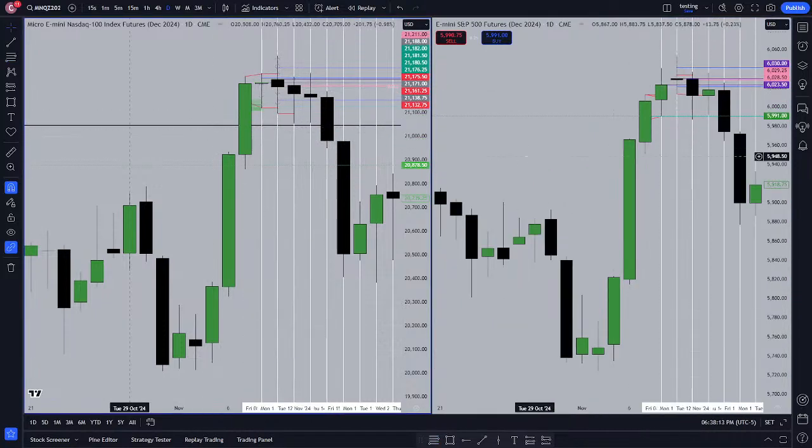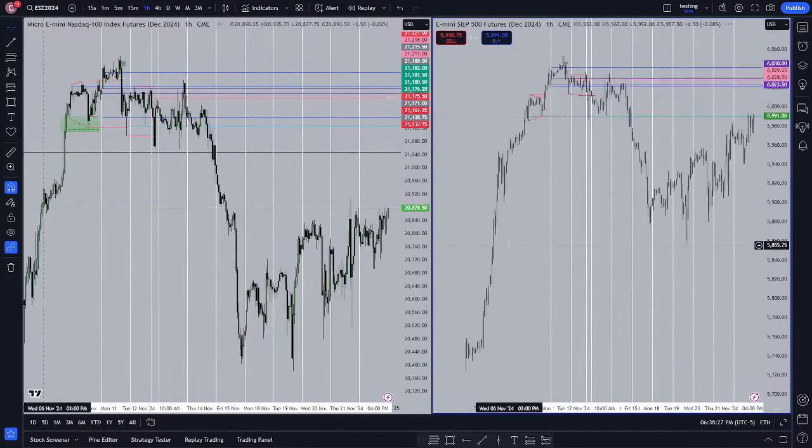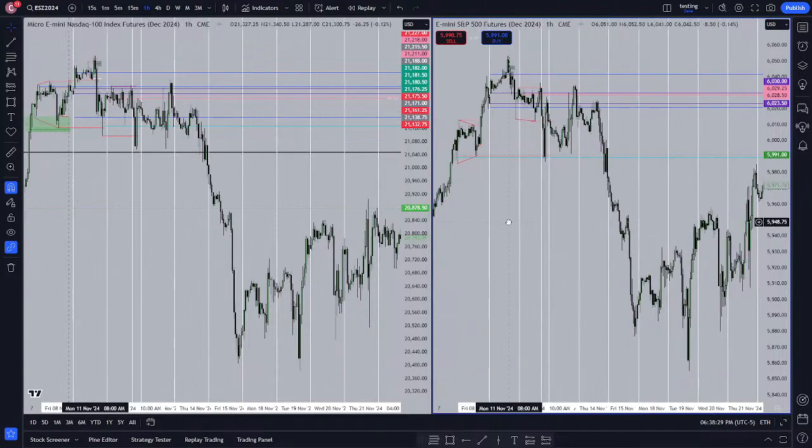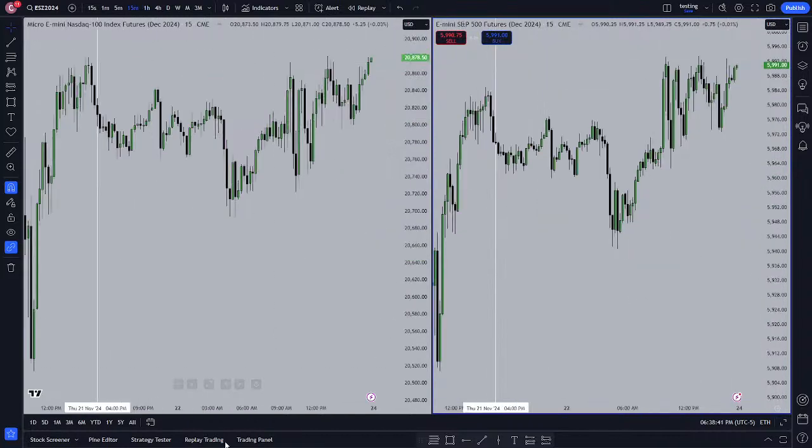You have this, and most importantly, you have this low. Okay, wait, I want to see what it was. It's beautiful. You have that low and this low. So let's go back in the 15-minute chart.